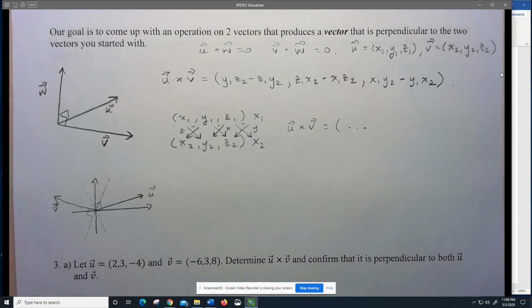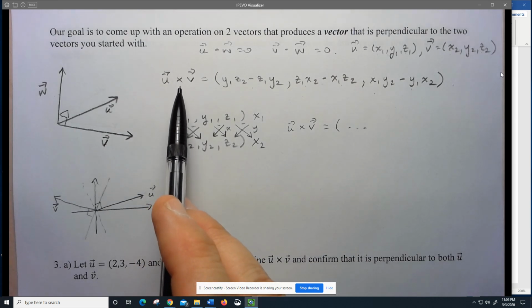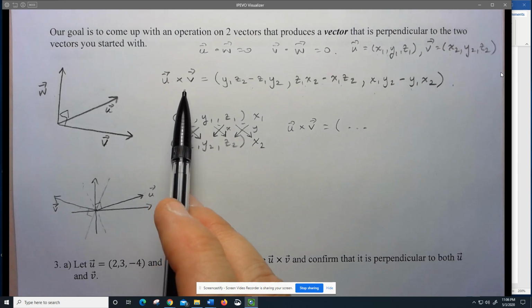And this is where you realize that unless u and v are in the same direction, there's no way to find a third vector that's perpendicular to both. So the cross product is quite a different operation because it's only defined for 3D vectors. There's no cross product for 2D or 1D vectors.